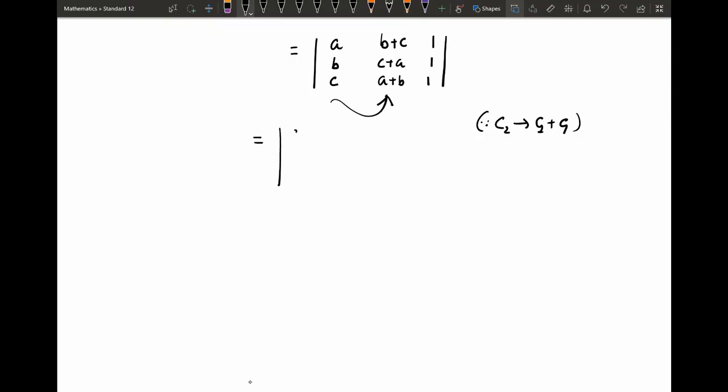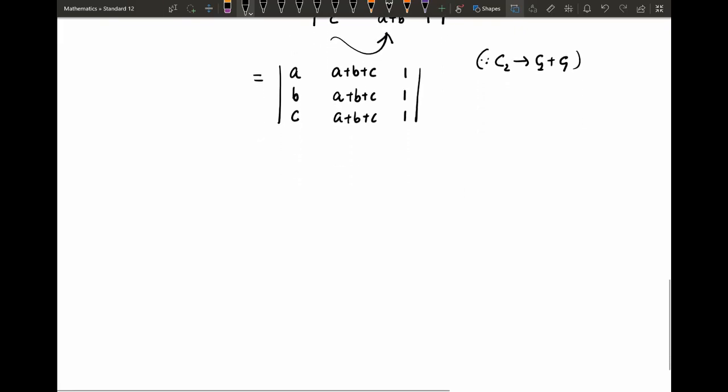So the first column as it is, a b c, and here a plus b plus c, a plus b plus c, a plus b plus c, 1 1 1. Now taking a plus b plus c common, here a b c 1 1 1 1 1.